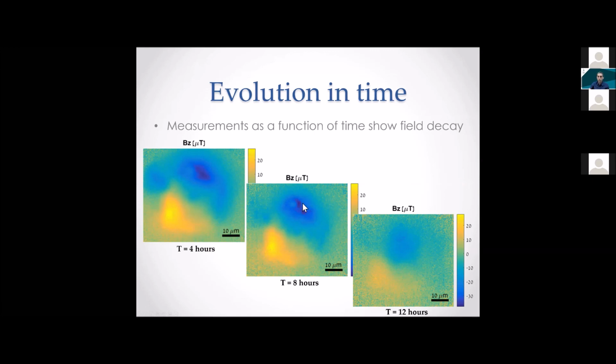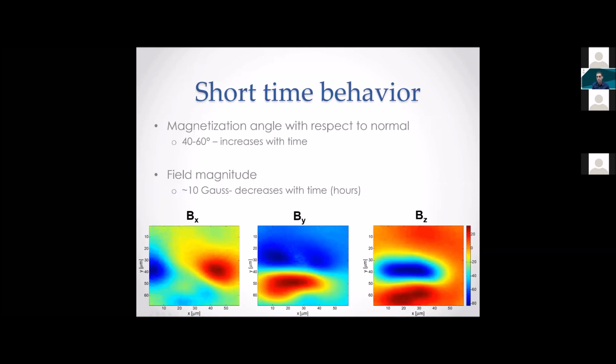So if we now understand these tools and the methods that we use for analysis, we can now perform these measurements and really try to extract quantitative values of magnetization amplitude and angle as a function of time.